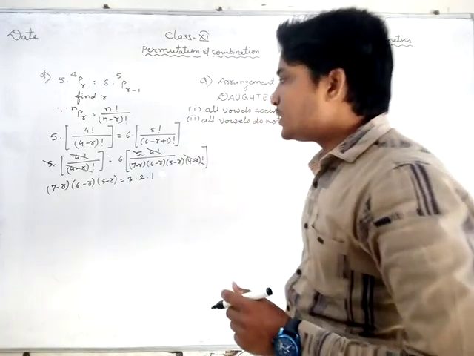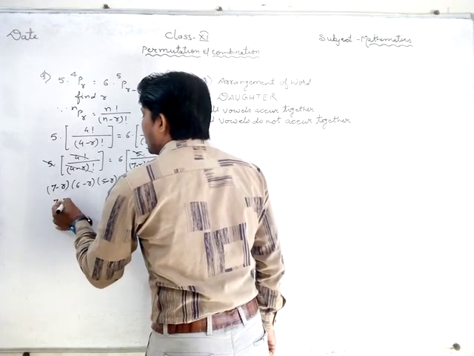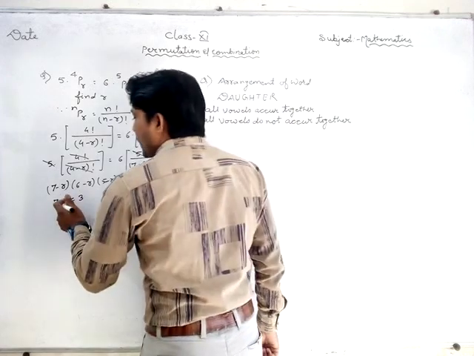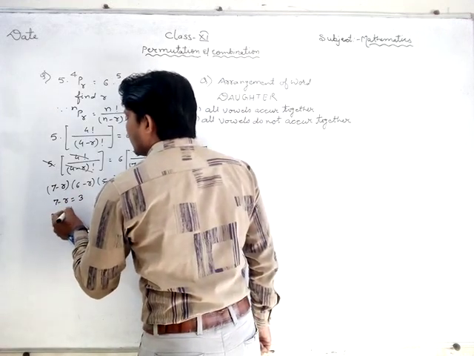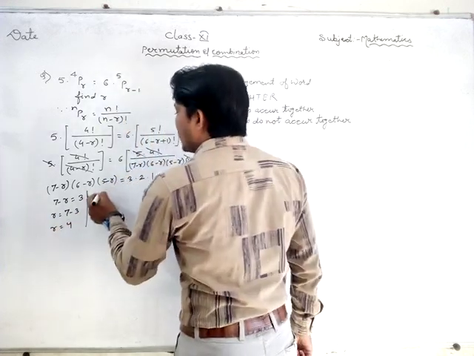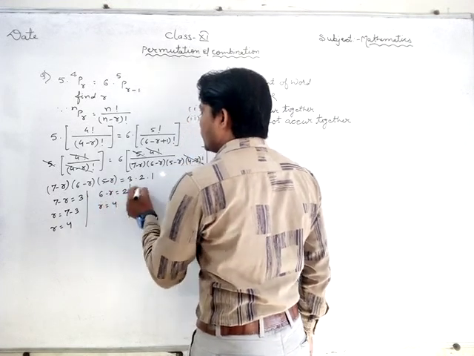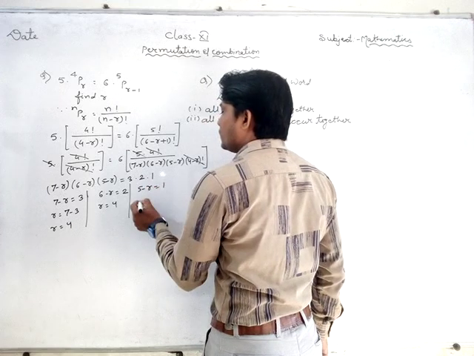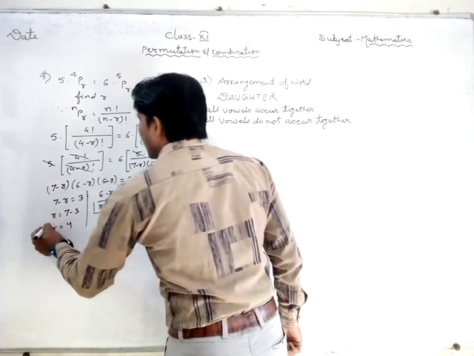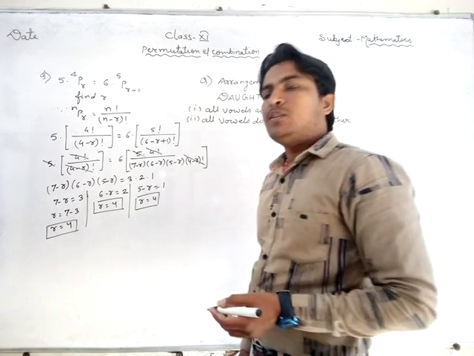After comparing, we get 7 minus r equal to 3, so r equals 7 minus 3, which is 4. Again, 6 minus r equal to 2 gives r equal to 4, and 5 minus r equal to 1 gives r equal to 4. So in all the steps we get r equals 4. It means our answer is r equals 4.